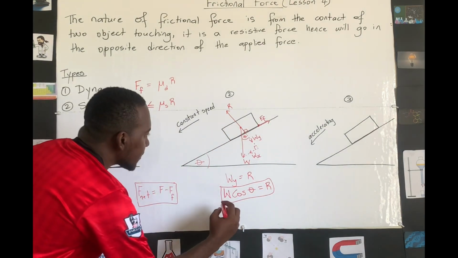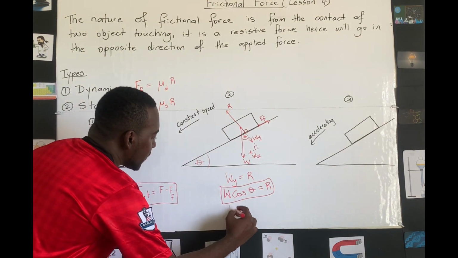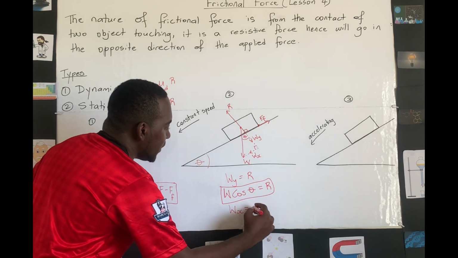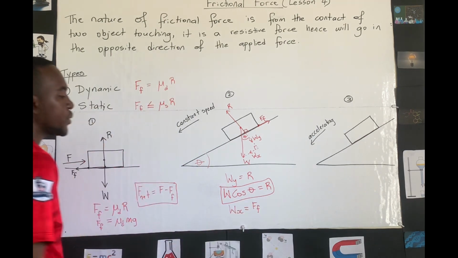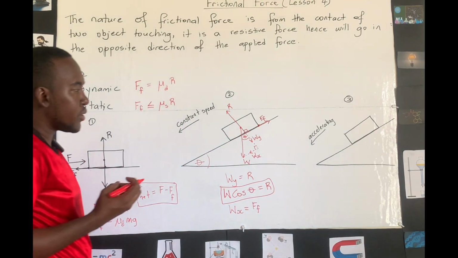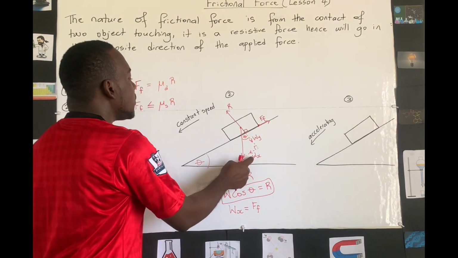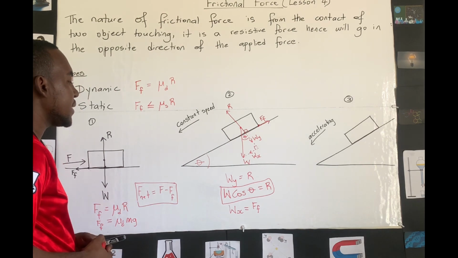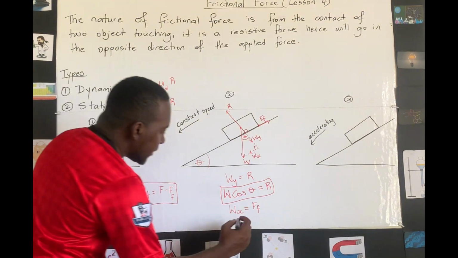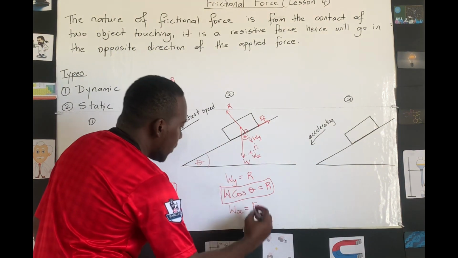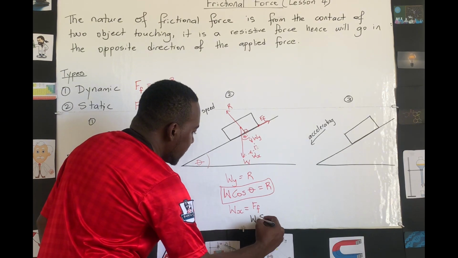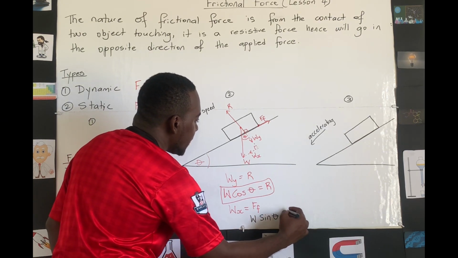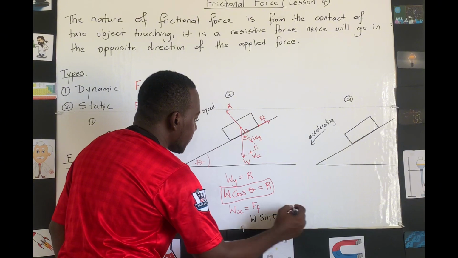It's at constant speed, so therefore what we know is that WX is going to be equal to your frictional force. So your maximum frictional force provided is going to be equal to WX that causes the object to move at a constant speed. And that WX is opposite, so that's W sine theta will be equal to your frictional force.